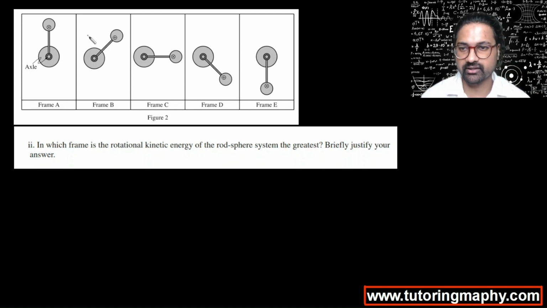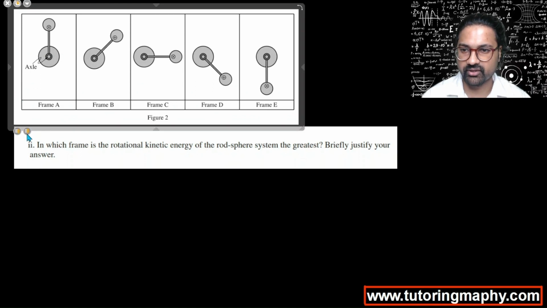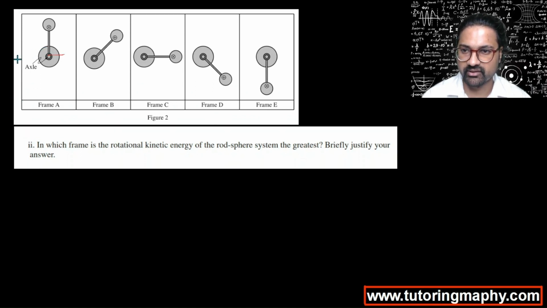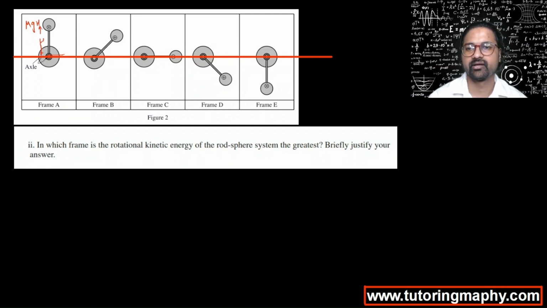Because we know that, let's take the reference as this point, as the center. So I'm taking my reference as the axle. This is the reference. Obviously, the initial energy is mgh, whatever this height is. We do not know. Let's say the height is h. Now, if we conserve the energy, and here the kinetic energy is 0, can we say that the total energy is actually mgh at frame number A?